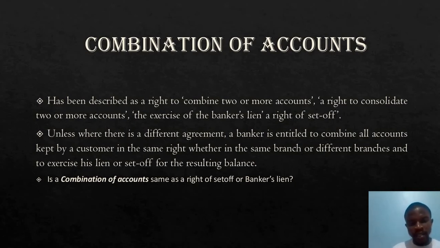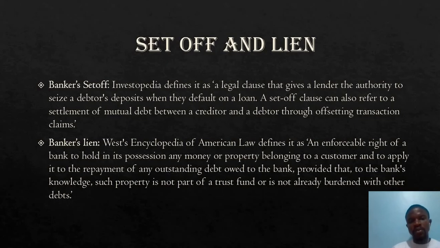Can we say that combination of accounts can be defined and be kept together as a right of set-off or banker's lien? So in trying to learn what these are and in trying to understand whether a right of set-off or a banker's lien is the same thing as a combination of accounts, it makes sense to define these concepts.